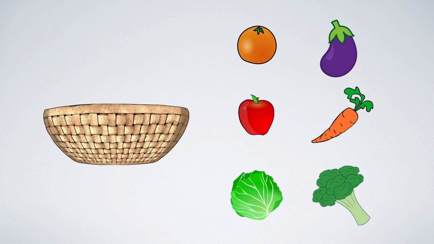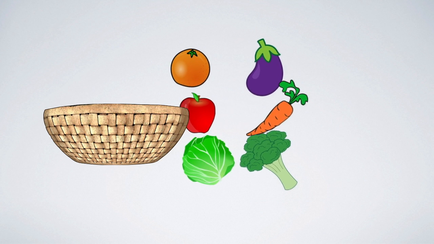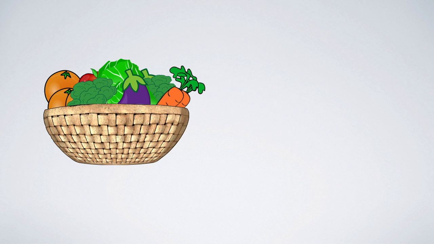In other words, they are heterogeneous. So these heterogeneous goods would charge different prices. And the price of the basket is basically the sum of all the costs that we need to buy these items. For example, here, suppose the total cost to buy this basket is 1,350.